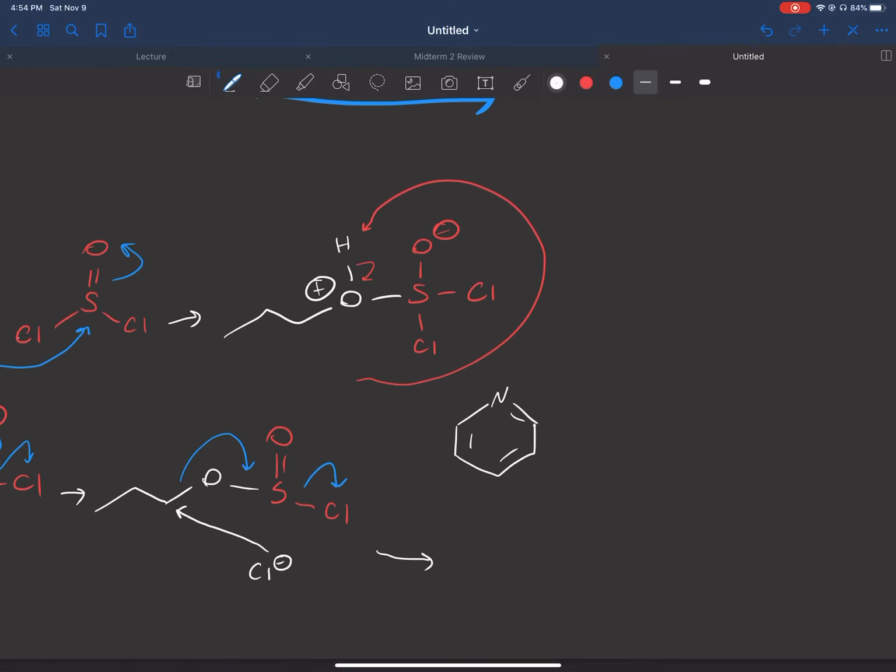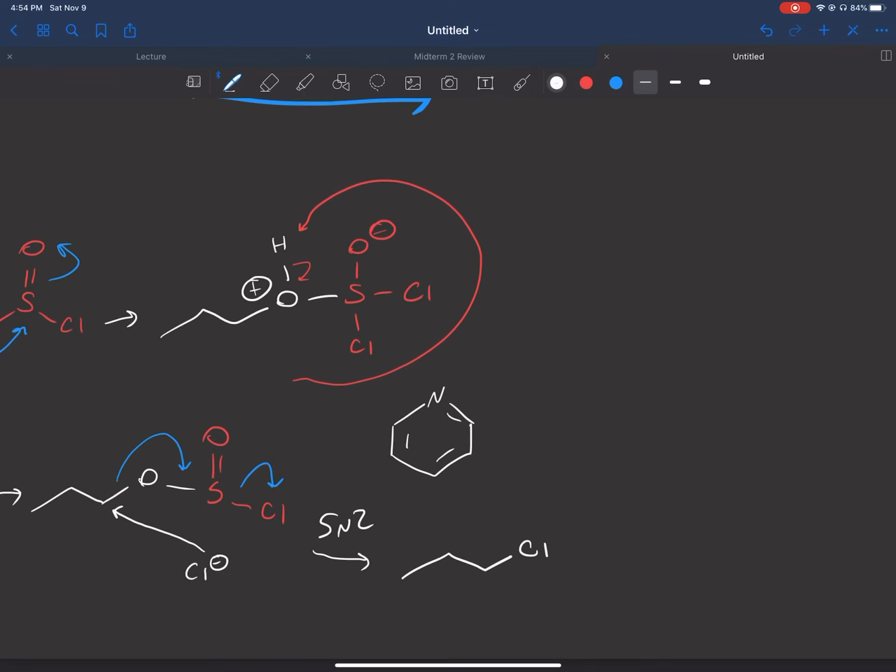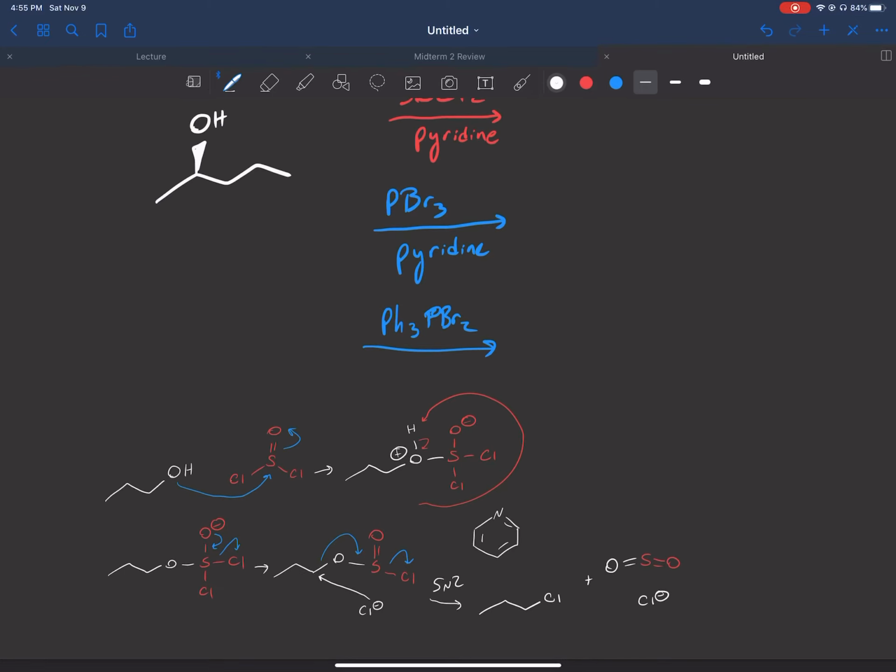which means we get something that looks like this. Chlorine, and this is SN2. Now we have that oxygen, sulfur, and then like this other Cl minus that we just kicked out. But the key thing to know here is that we used an SN2.